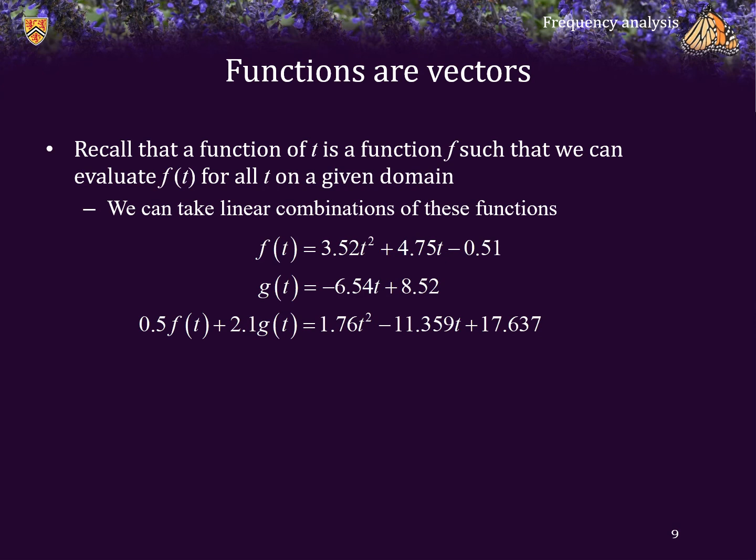But not only that, remember that if I multiply a function by 1, I get that function back. There is a 0 function, the function that is just defined as 0 for every single value of t. And if you add the 0 function onto any other function, you get that function back.